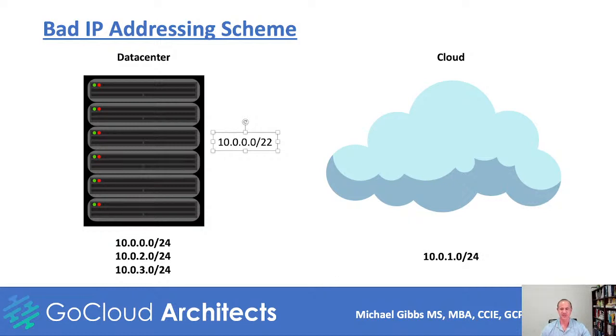Okay, nobody gets this. Is 10.0.1.0 along with 10.0.0.0, 10.0.2.0, and 10.0.3.0 all contained in this 10.0.0.0/22?